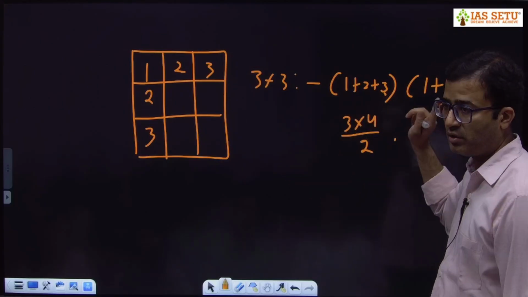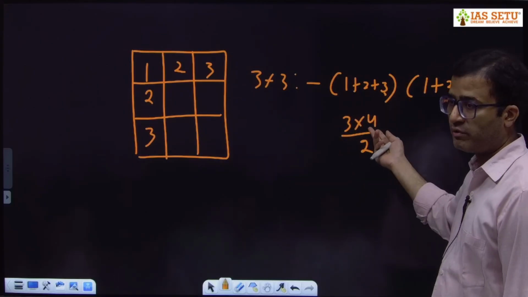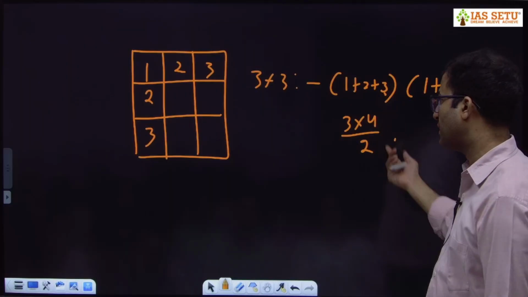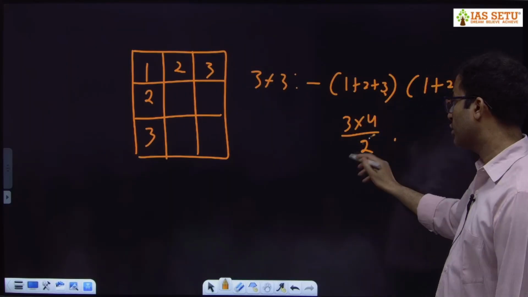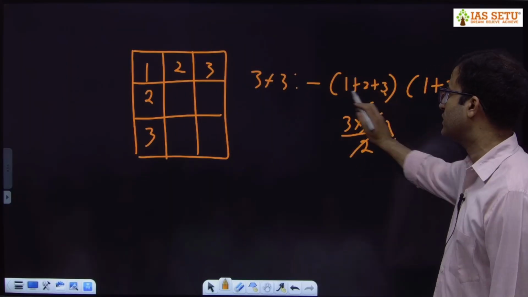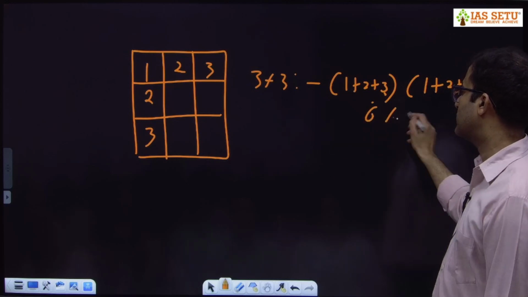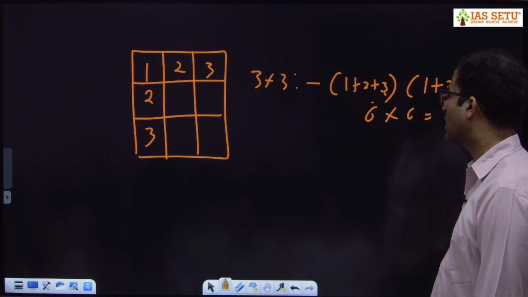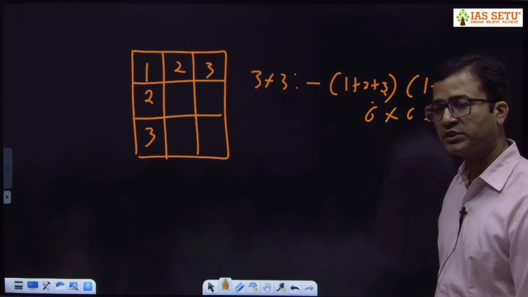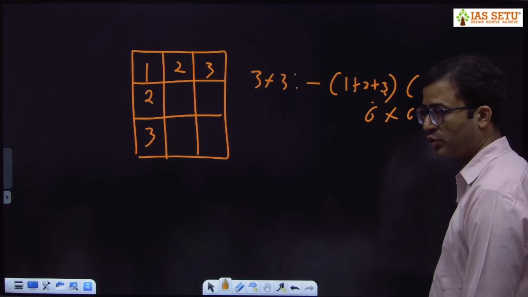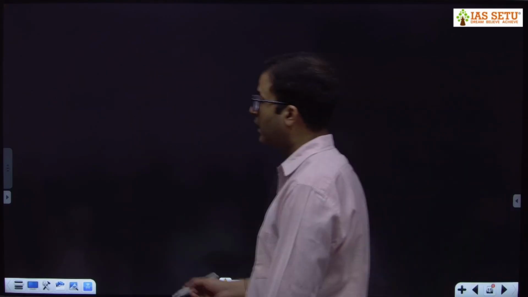My belief is that in small calculations the formula takes more time compared to manual counting. But if you are very good with the formula, you can save time, that is okay. You can use it, I'm not denying. Because manually the total is 6, with the formula also the total is 6, 6 into 6, 36. But for at least small calculations, avoid formulas, because the formula will take some time.